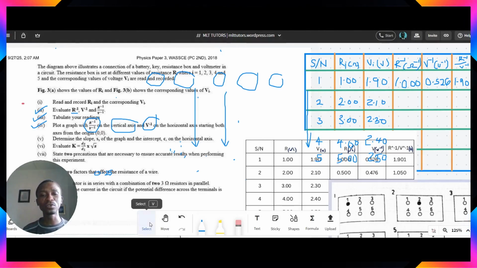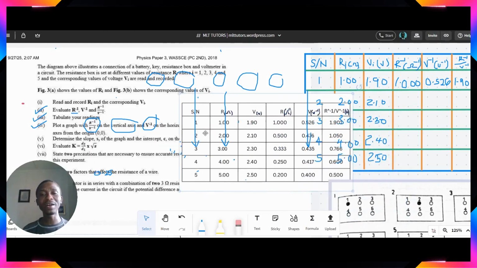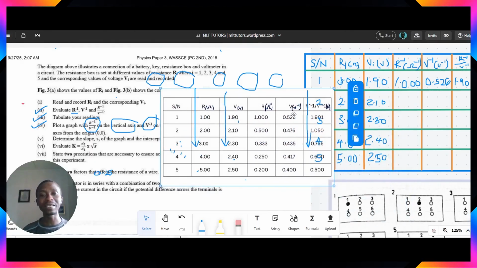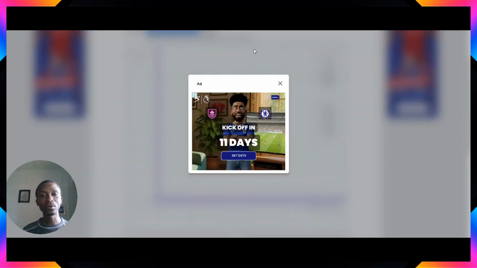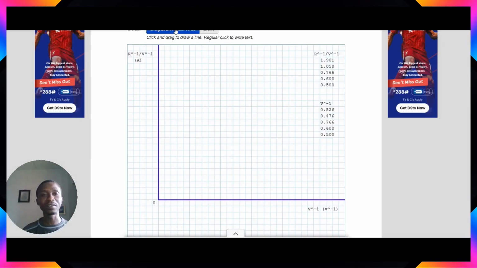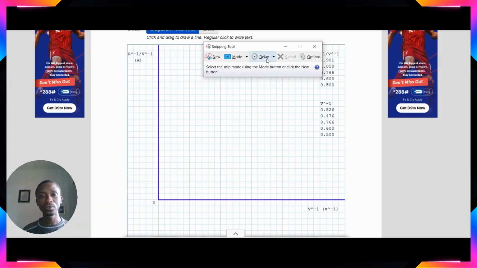Before we go to the graph, take note, the values that you are plotting, you have to extract them and place them on top of your graph sheet, at the top right hand corner, so that you won't need to be flipping back and forth before you get your values. So now we should have the graph sheet here. Let me use my sniping tool to make that clearer to you.